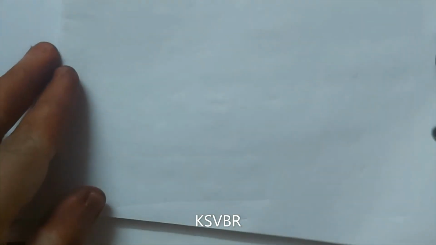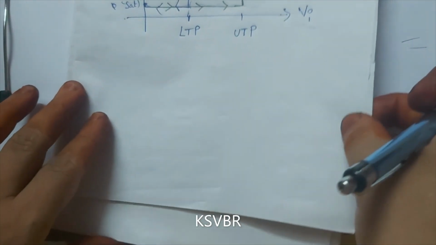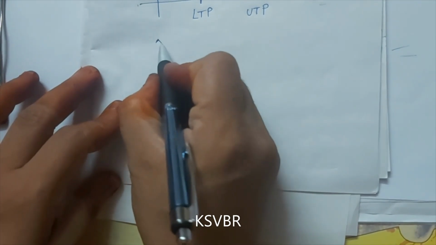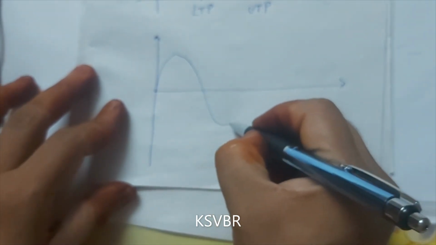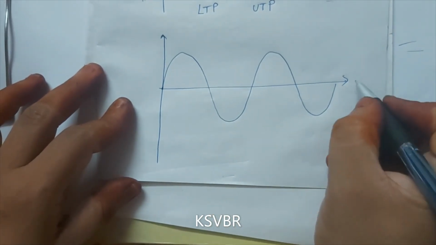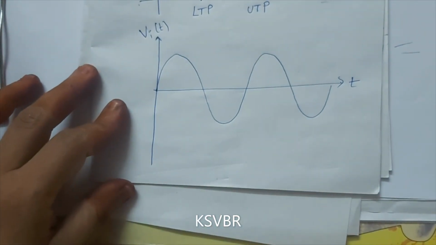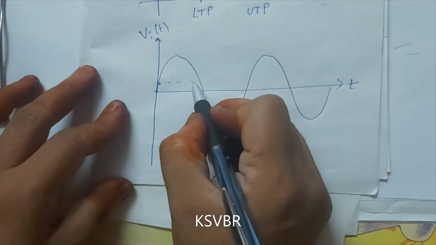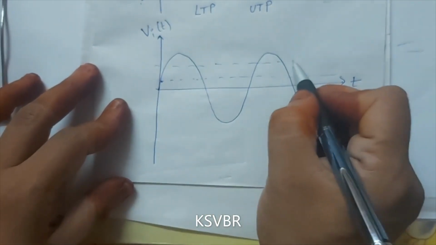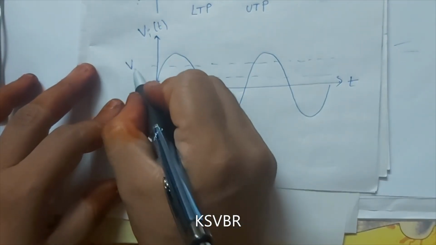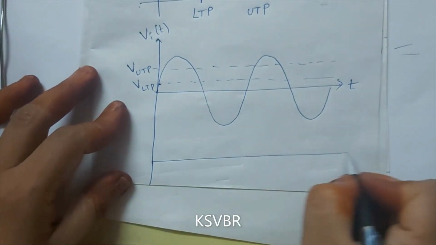Now see the waveforms of Schmitt Trigger. This is V input of t. This is the UTP voltage and this is the LTP voltage.